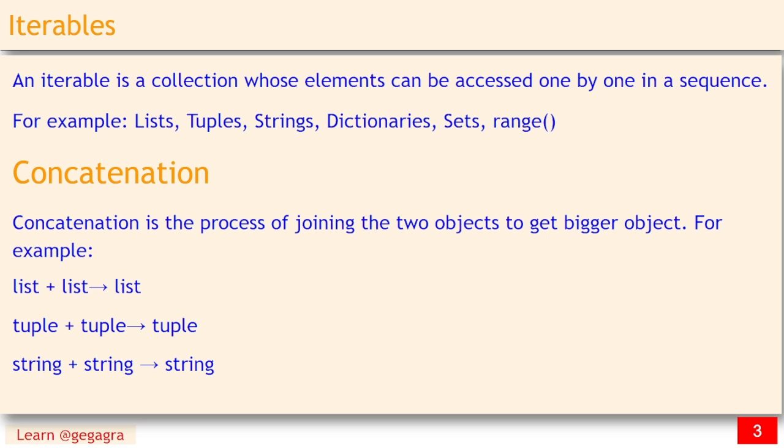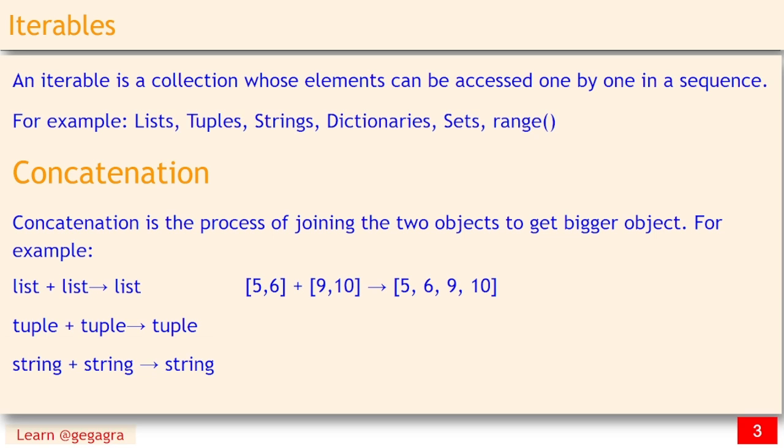For example, 5 comma 6, this is a list, and if we concatenate this list with another list which has 9 and 10, 9 10 is also a list. When we concatenate these two lists, you'll find all the elements are merged, or the last list is added to the end of the first list.